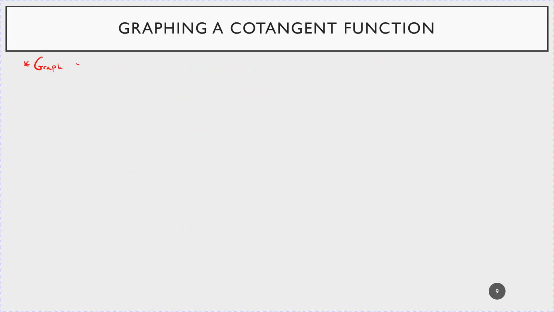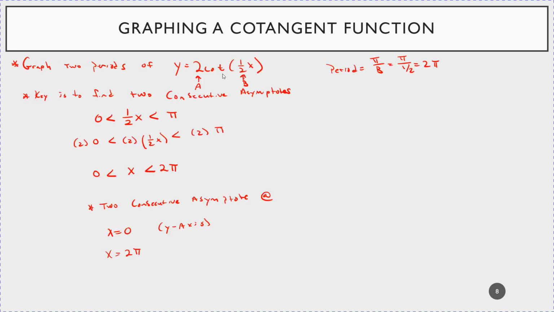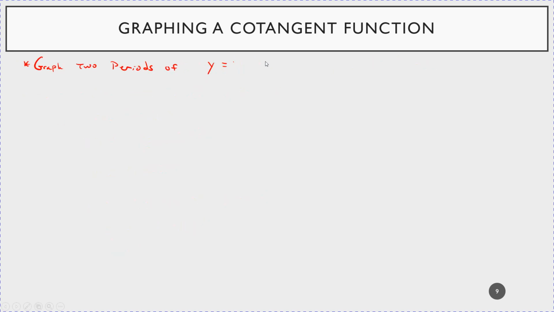So we're going to graph 2 periods of y is equal to 2 cotangent of 1/2 x. All right, so our first asymptote occurred at x is equal to 0, so the y-axis.